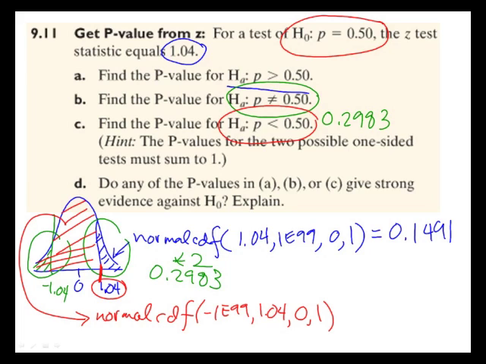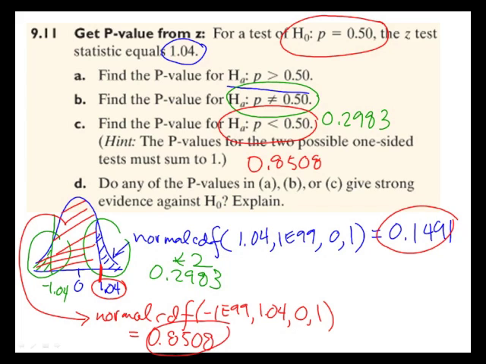And what will that give us? If I were to add the red to the blue, what would I get? 1. So we could have just subtracted the blue from 1 if we already knew the blue. That's another way. Any questions so far?